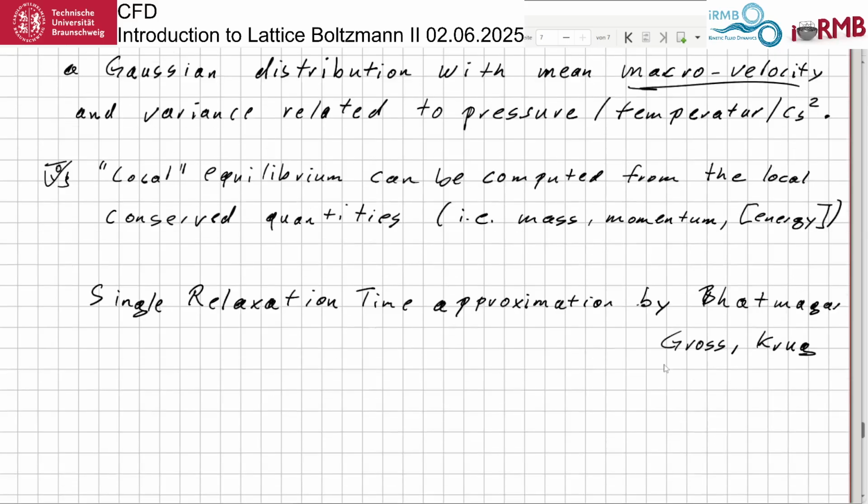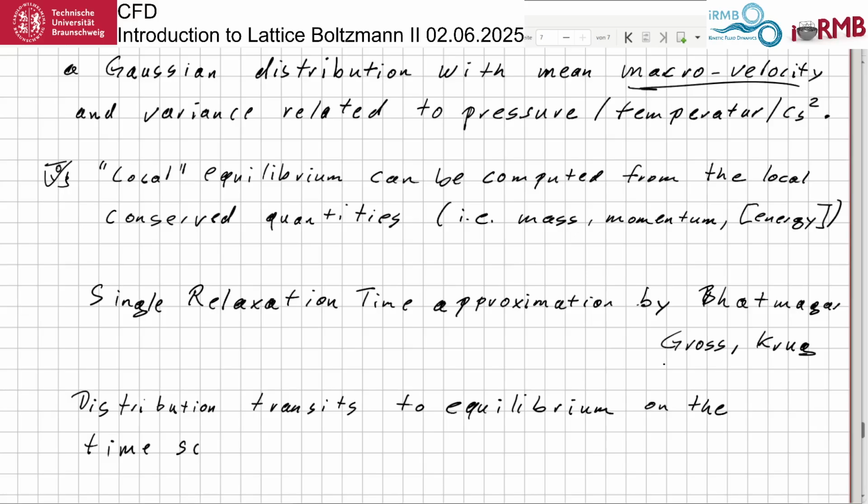So the idea is that the distribution transits to equilibrium on the time scale of one mean-free time, and the mean-free time is the time between two collisions.